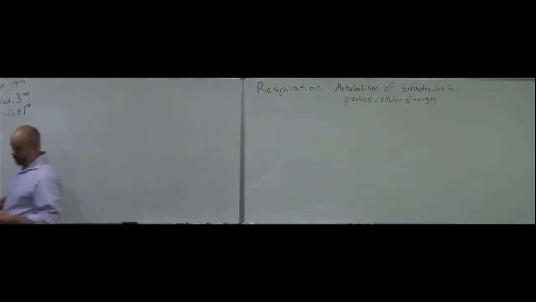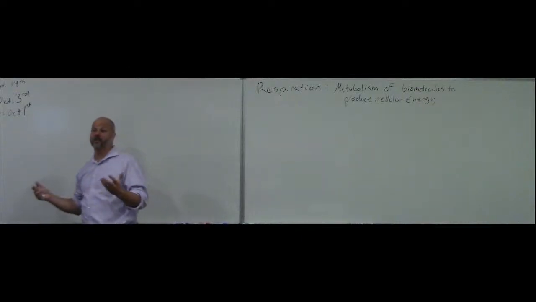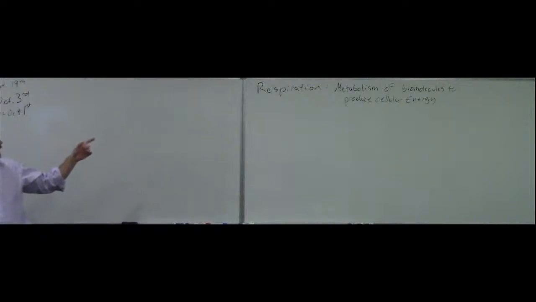Your body can use all kinds of different biomolecules for energy. There's energy in all of these biomolecules. It takes energy to make them, and you can release energy by doing a form of metabolism that breaks them down. By the way, the metabolic process that breaks things down, right off the last test, what is that called?